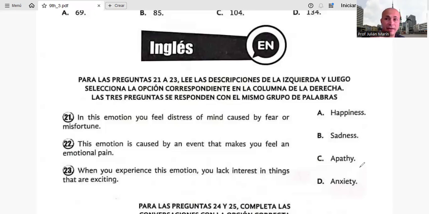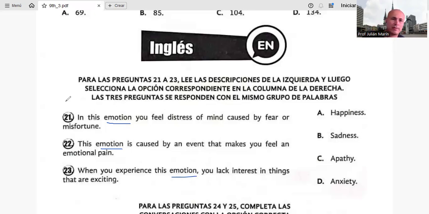They have one thing in common: all of them are emotions. And you can confirm that to the left when you read these definitions, where you can see emotion here, emotion, and emotion. So yes, definitely we're describing emotions.